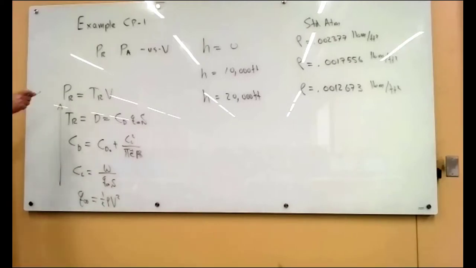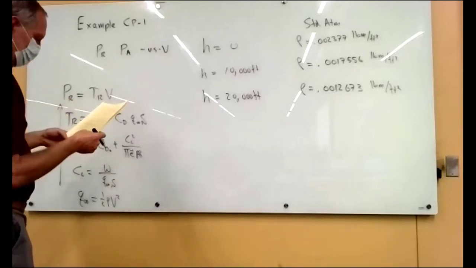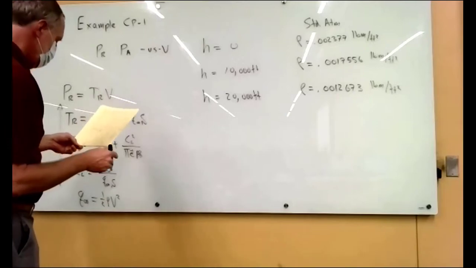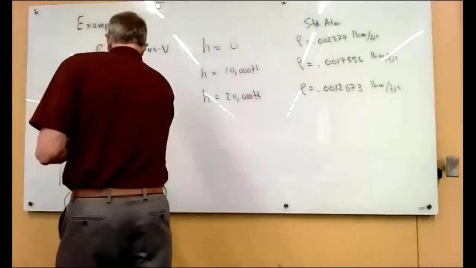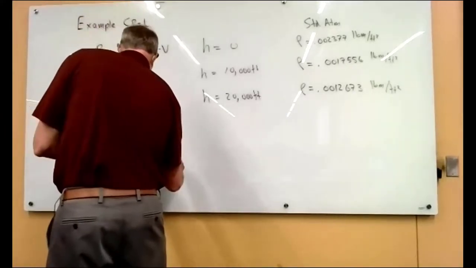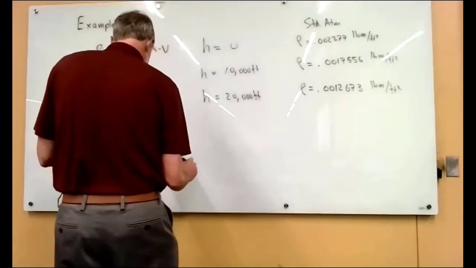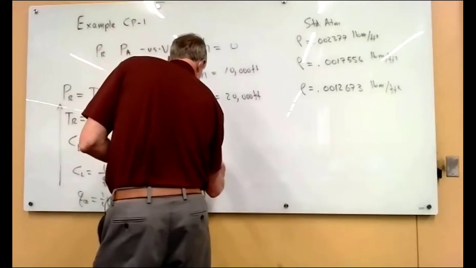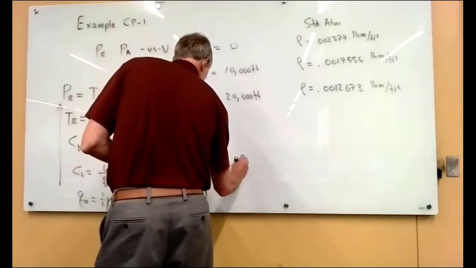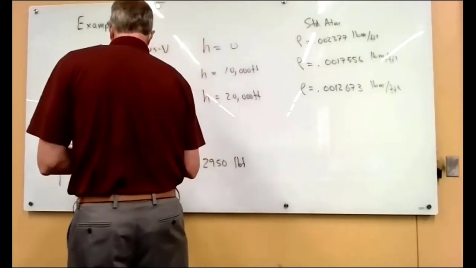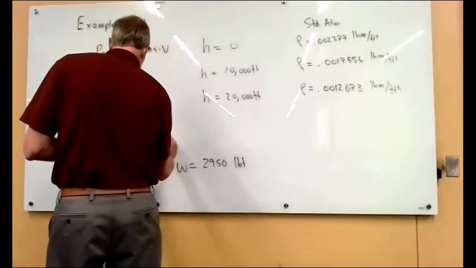And then we just keep calculating up this way. So the numbers that we need, we'll need the density for that. We need the weight. For that, and then we need the formula for CD.